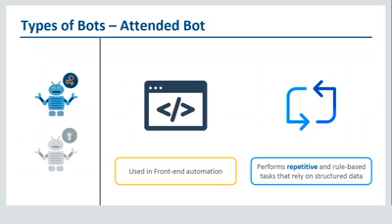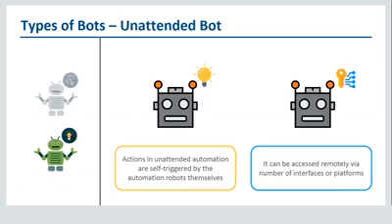Now, let's talk about the basic properties of these two bots. The attended bot is used in front-end automations, and it is able to perform repetitive and rule-based tasks that rely on structured data. So an attended bot, or a front office bot, can do all these tasks very easily. The second type of bot, the back office bot, is used whenever you require unattended execution, or processes which are self-triggered by the automation robots themselves.